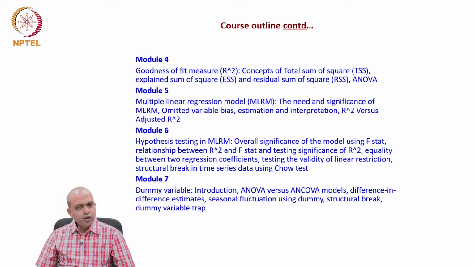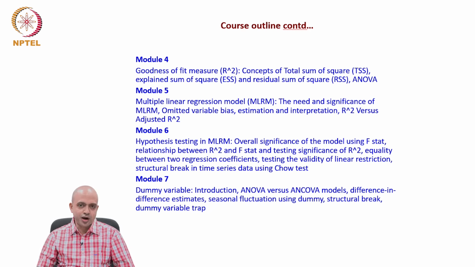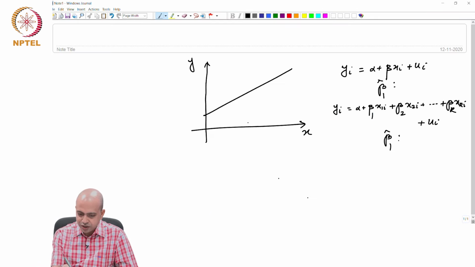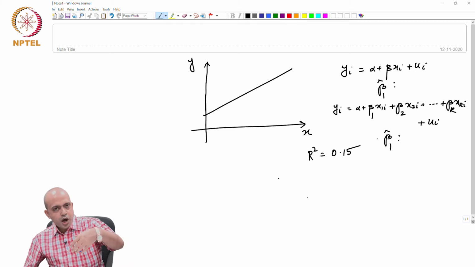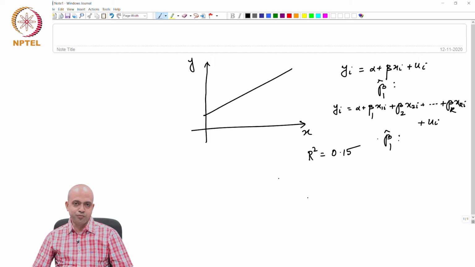Then we will also learn a fantastic relationship between the F statistic and R square, and that particular relationship will help us understand even the significance of R square. For example, let us say that you have estimated a consumption function and your R square turns out to be 0.15. So, that means out of the total variation in y, your model is able to explain only 15%.